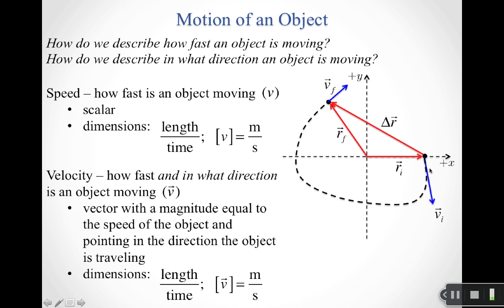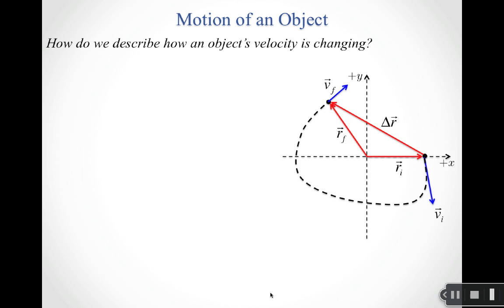You notice that the magnitude of this velocity vector is shorter than the magnitude of that. It's roughly half. So that tells you that your object was traveling roughly twice as fast initially, because its magnitude is basically twice as long. Again, as with speed, velocity has dimensions of length per time, and so the SI units we'll use for that will also be meters per second.